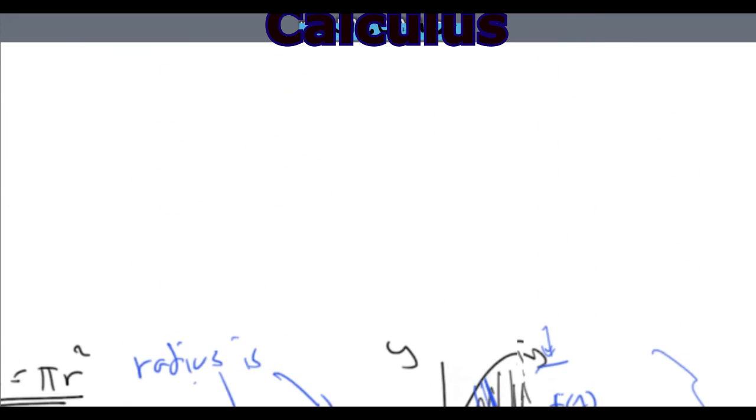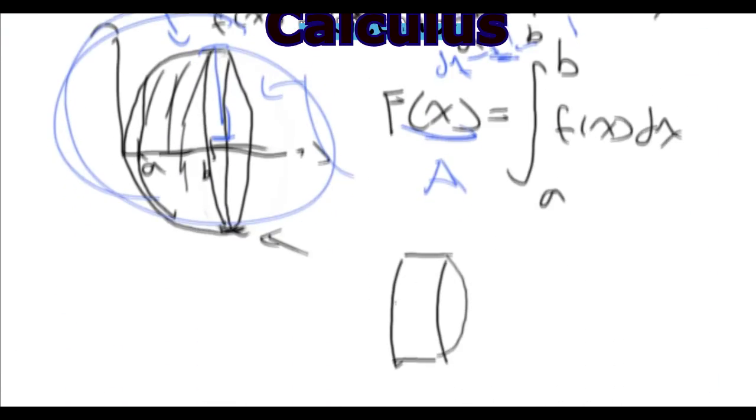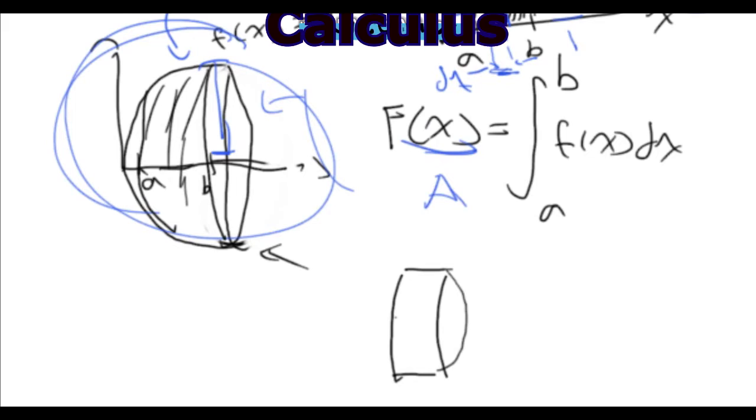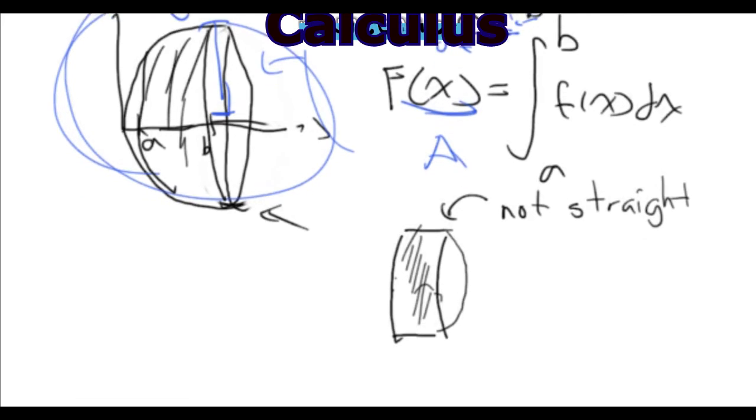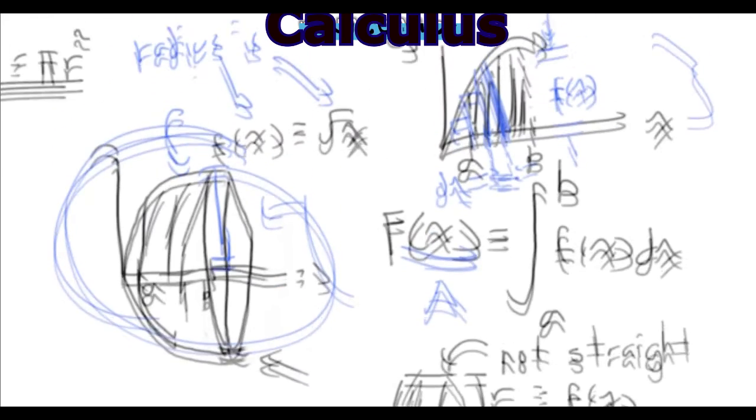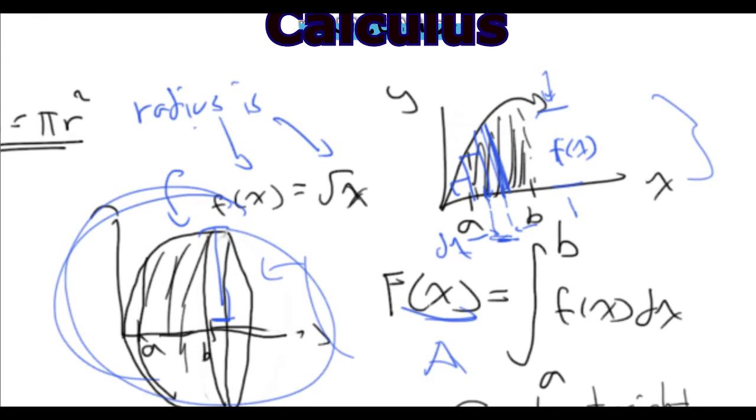But in this case, this line over here is not constant, not straight, and we are only taking a partial amount of the volume here. So say this is our part a and part b, and right here is our radius, or you can say our f of x. And as I said, f of x is the radius.